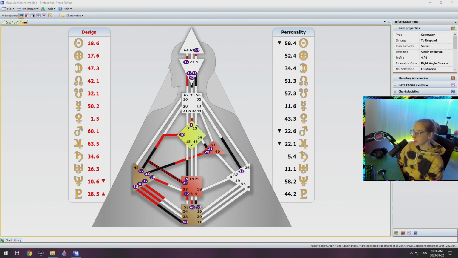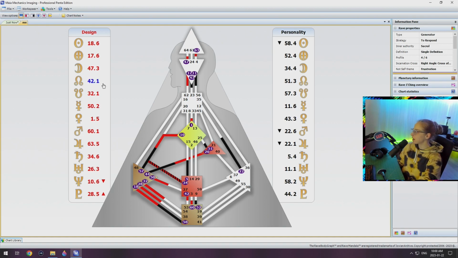What we're doing here today is looking at crucial information that you need to know in order to build your foundations of understanding human design. We are going to be looking at the two columns of numbers that exist here. You'll notice that there's red colored numbers and black colored numbers.